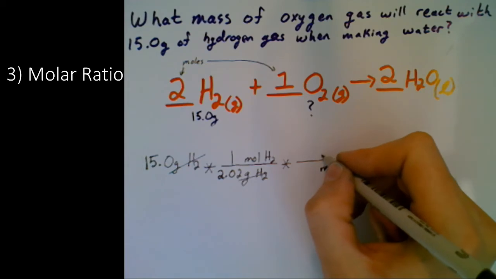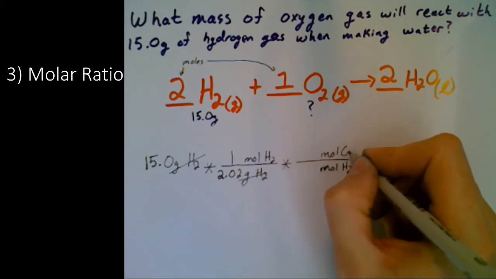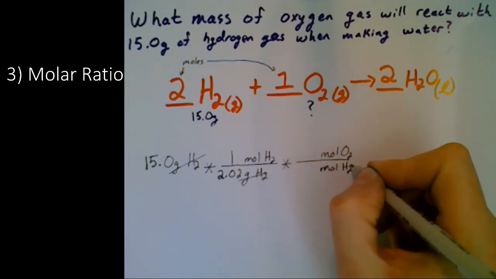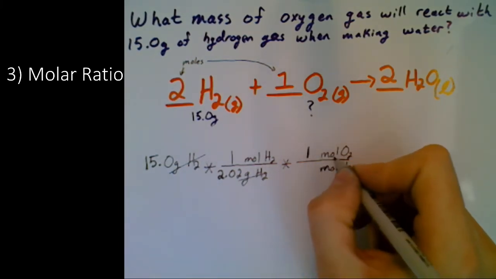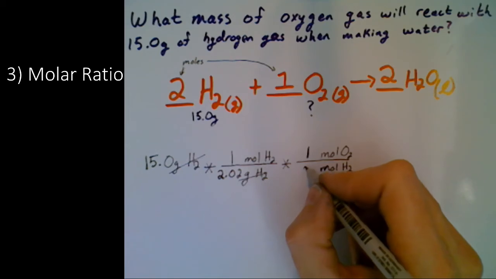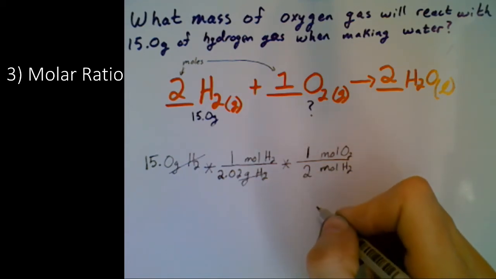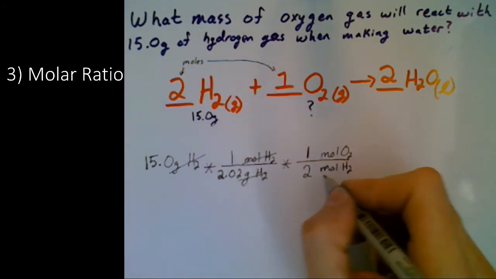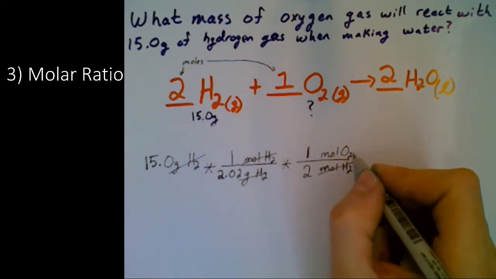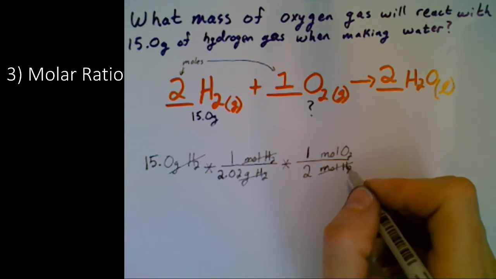And moles of oxygen is what we want to find, so it's going to go on the top. There are 1 mole of oxygen for every 2 moles of hydrogen. So that's going to cancel out moles of hydrogen and leave me with moles of oxygen.